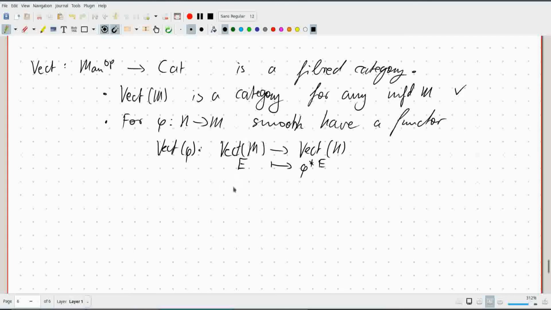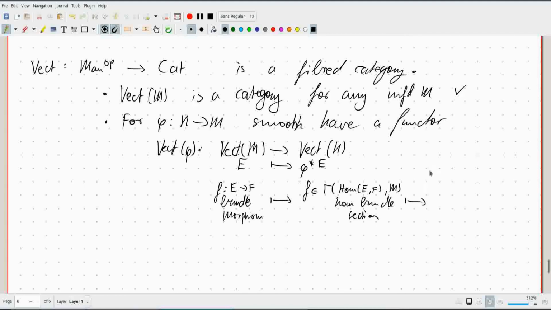Let F from E to F be a bundle morphism. Well, it first maps this thing to a section of the Hom bundle E to F. Then it maps that one to the pullback section. That is now an element of the pullback of the Hom bundle E F on N.